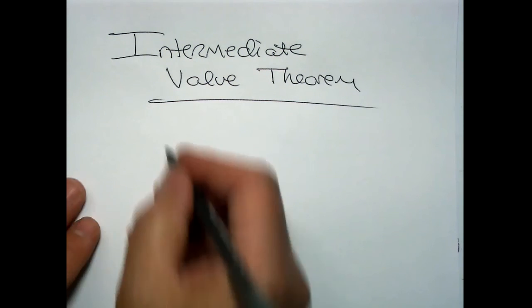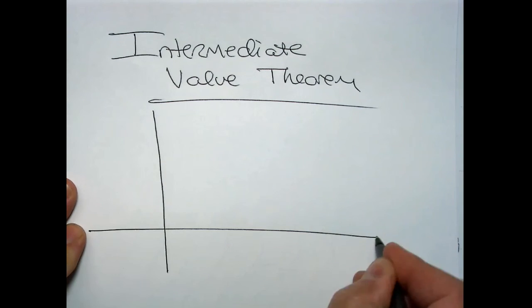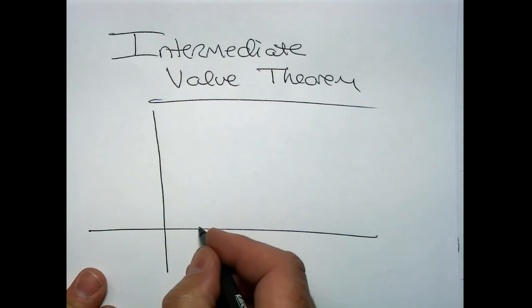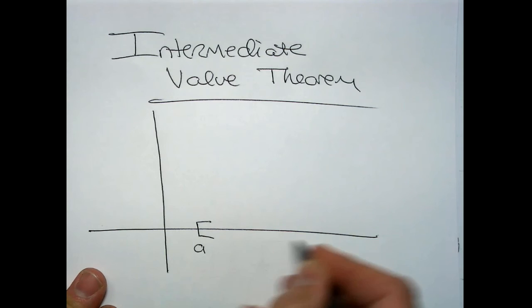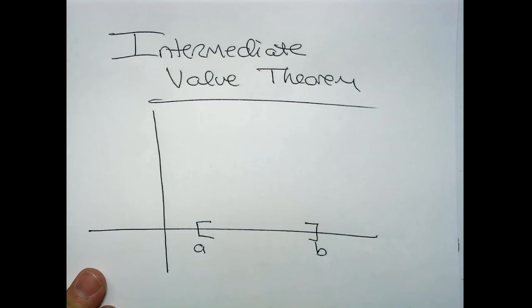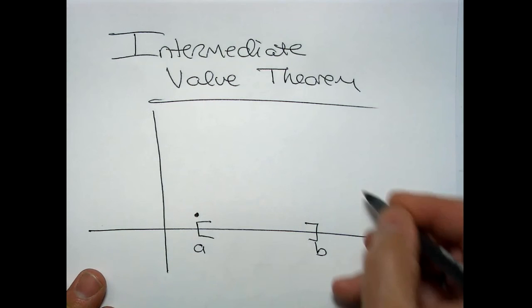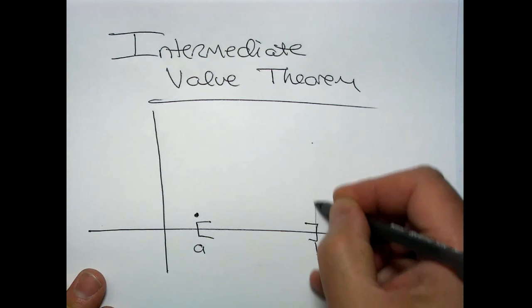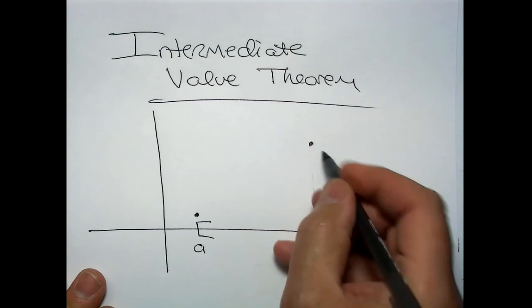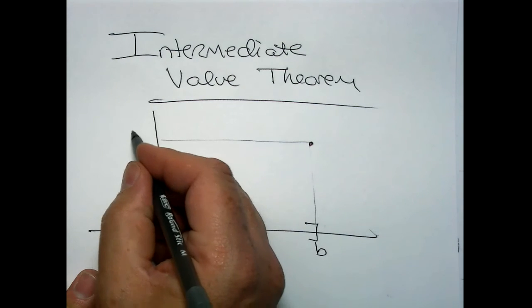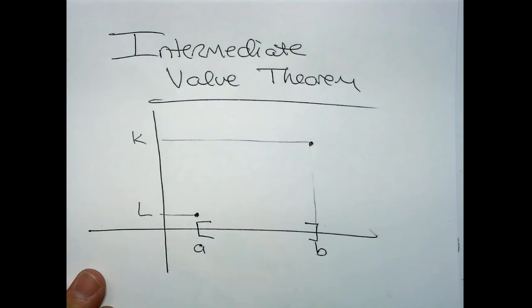The intermediate value theorem says your function must be continuous. We're going to have a closed interval. We're going to include the a, include the b. F of a is not allowed to be equal to the f of b. So let's make them different. Okay, if you want, we can label them. That's k, let's say, and this is L. We're allowed to do that.